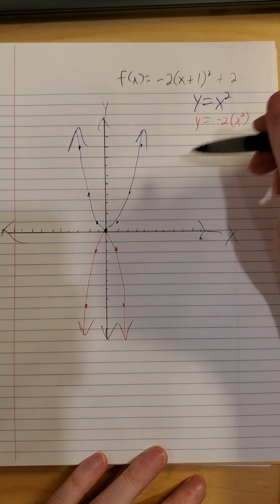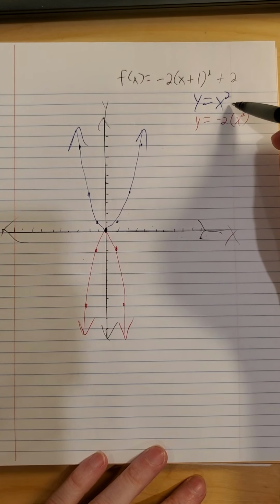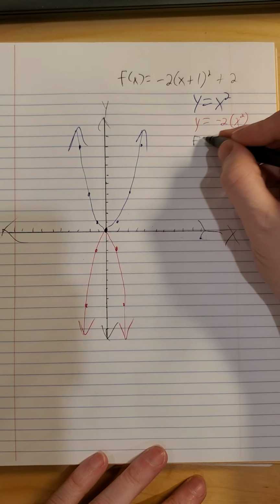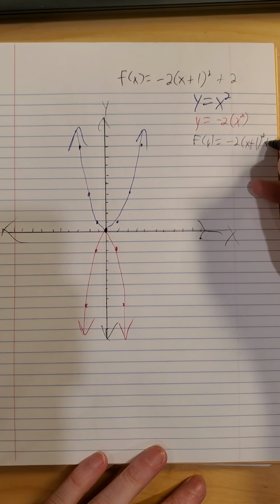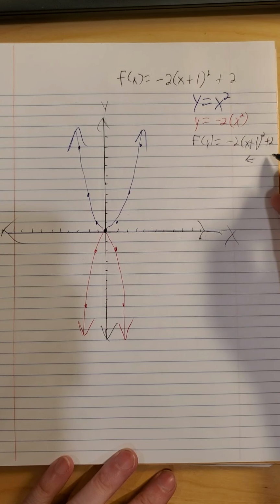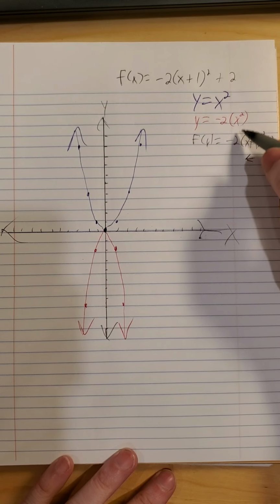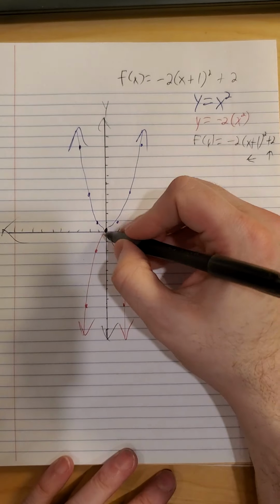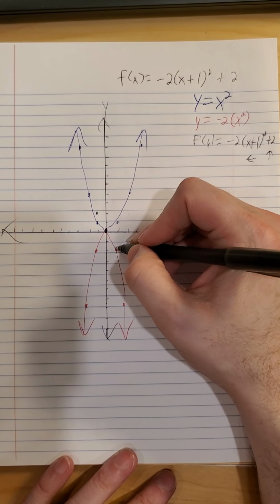So y is x squared and the shifting. If anything is out here, we need to do the original, take care of what's out there, then do the shifting last. So f of x is -2 times (x plus 1) squared plus 2. Left 1 unit, up 2 units for all of the red points. You're always going based off of the last stage that you did. So left 1, up 2. There's our new vertex.